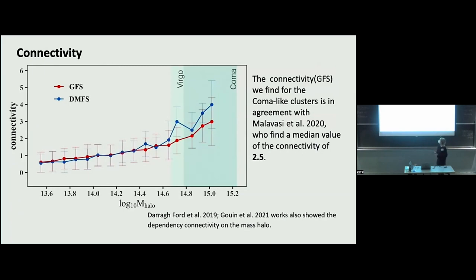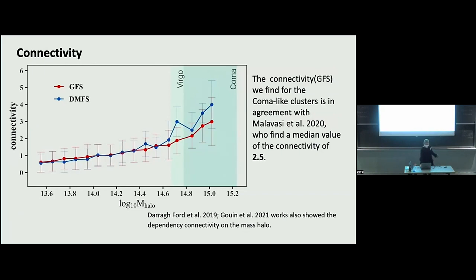But also we found that for Virgo and coma-like halos, by mass, the number of dark matter filaments is higher than the number of galaxy filaments. So we have some underestimation of the filaments which go to the cluster if we're using galaxies of mass 10^9.